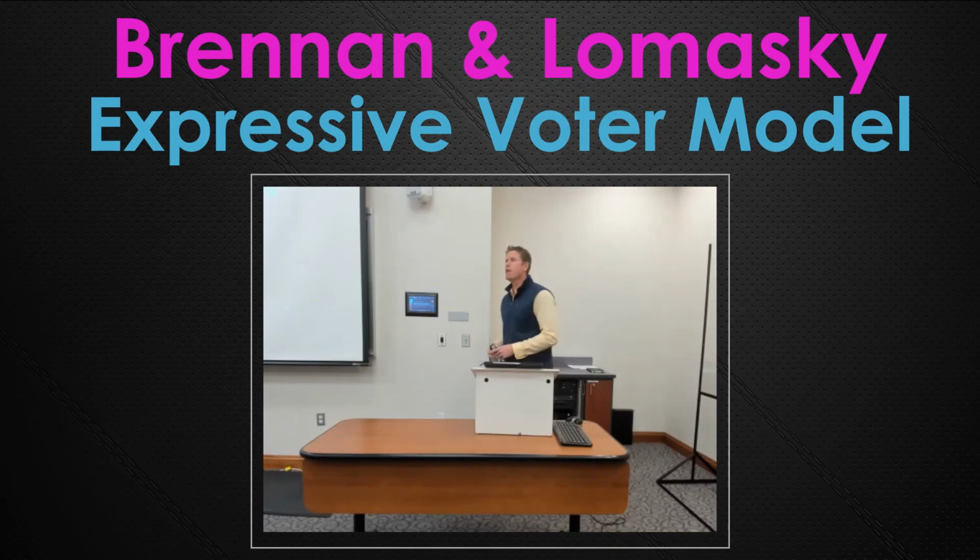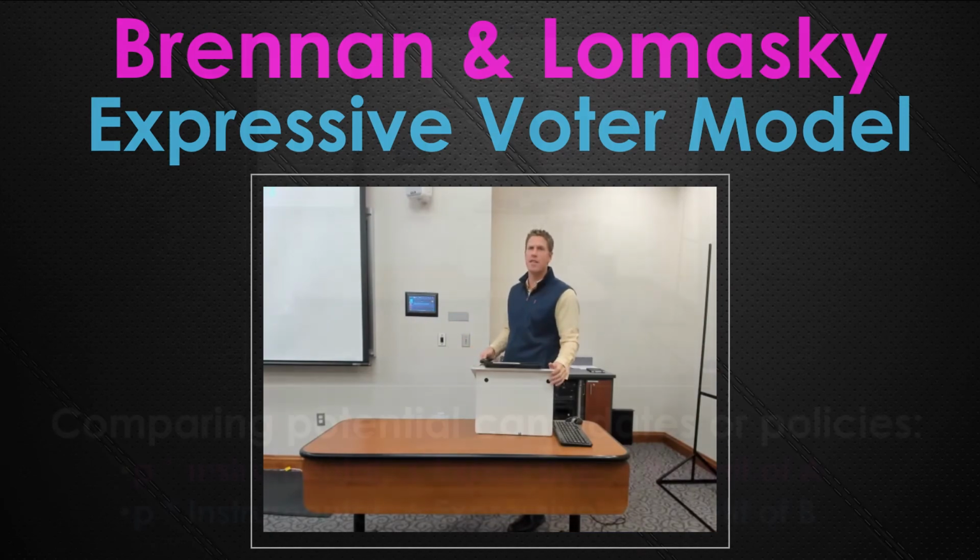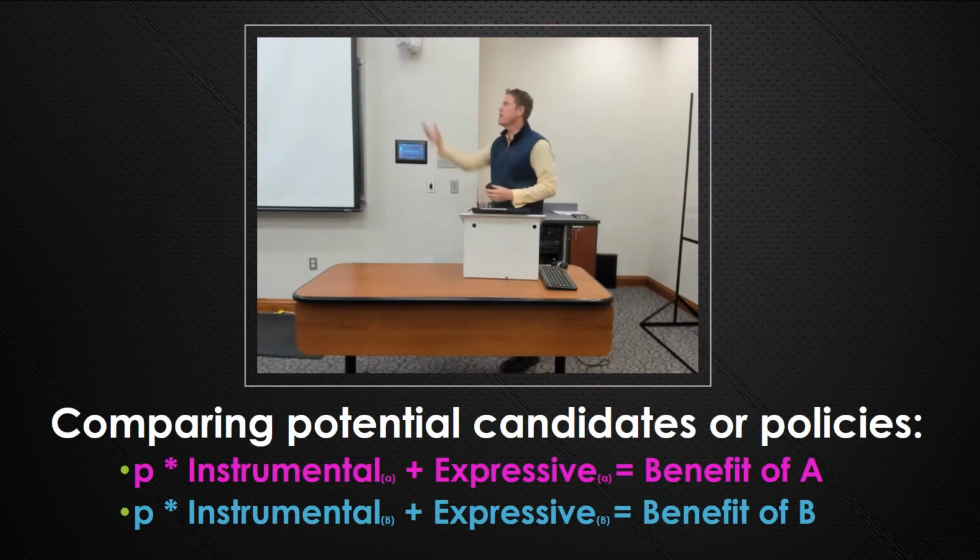So in their model, what you do is you multiply the probability of decisiveness times the instrumental return, and then you add to it the expressive return, but the expressive return is not multiplied by the probability of decisiveness. So a simple setup is that you do, two policies, A and B, and for both policies, you multiply the probability of decisiveness times the instrumental return plus the expressive return, and you have the net return for that policy.